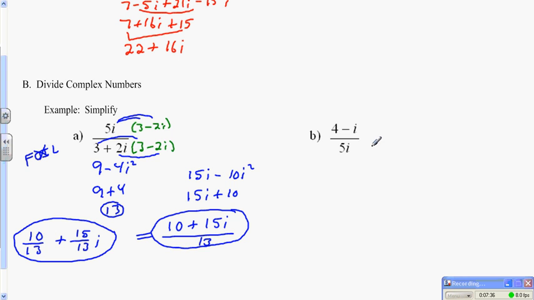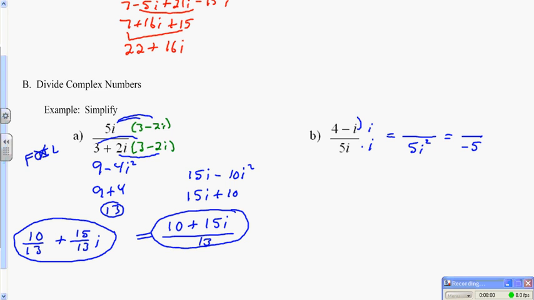Nice thing about B is that all we need to do to take care of this is multiply top and bottom by i. There is no addition and subtraction going on in the denominator, so i should take care of business. This will give us 5i squared in the bottom. And that's equal to a negative 5.